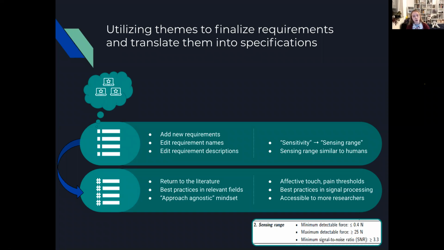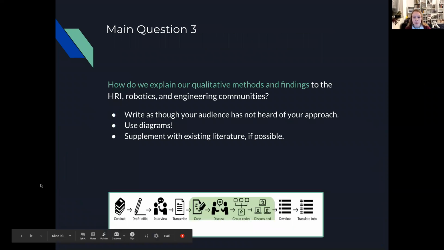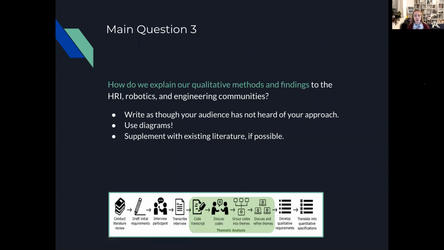So next, to wrap things up, we'll talk about main question 3, which is how we talked about this research in our journal publication. And so the main thing I would recommend is to write as though your reader is completely new to thematic analysis, for example.